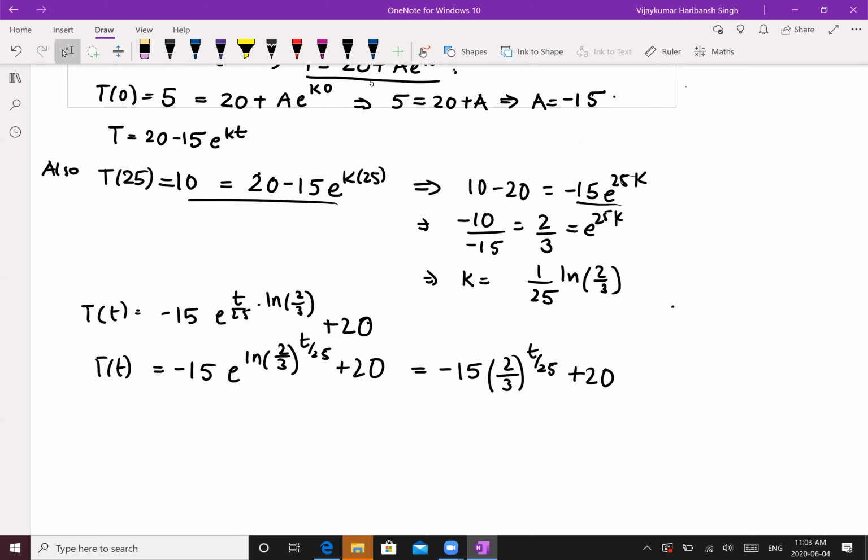So this is your function. Now first problem is t of 50. So what is t of 50? It's going to be minus 15 times 2 by 3, and instead of t, I'm going to put 50.